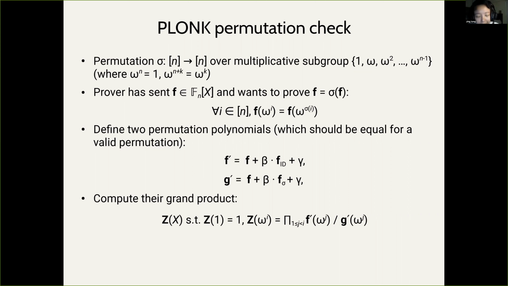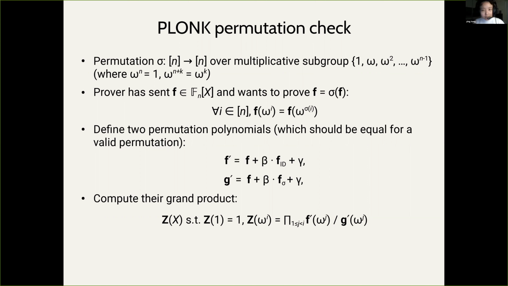The elements of the group are just the increasing powers of omega. And this group is such that at some point, it wraps around. So every omega to the n plus k is equal again to omega to the k. So omega to the n would be equal to omega to the 0, which is 1.